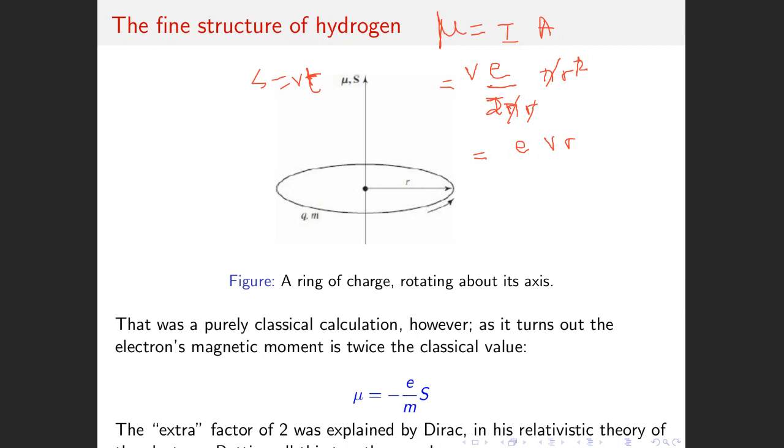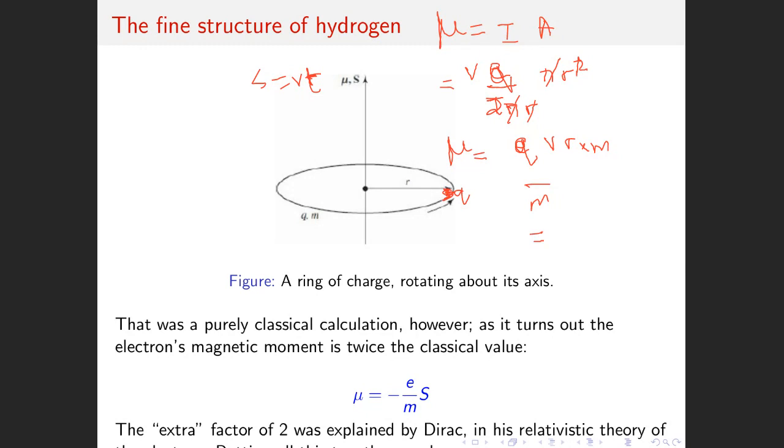Okay, let me just go back and assume for the moment that the charge is given by Q, right? You end up with this, which is classically, if you're not happy you can go back and look at your first year textbook, QVR. Now, you want to express everything in terms of the angular momentum, L over m.